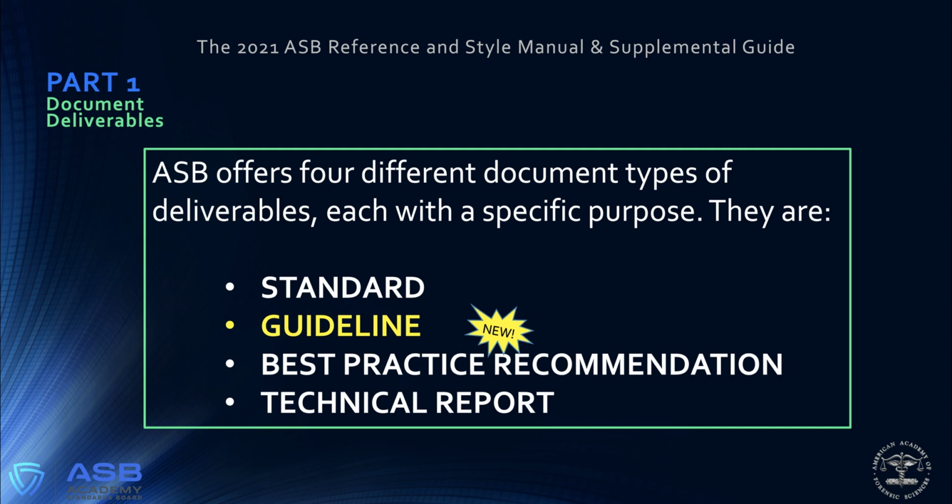Under ANSI's essential requirements, accredited U.S. SDOs use different types of deliverables to accommodate the needs of their constituencies. Many U.S. standards organizations do not have guides or guidelines. But here at ASB, we have paid attention to you and believe that the introduction of this new document type provides an additional choice that you've asked for.